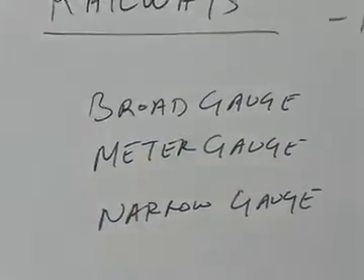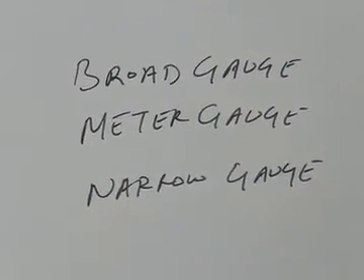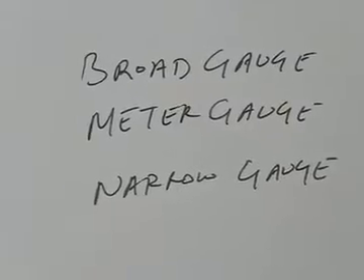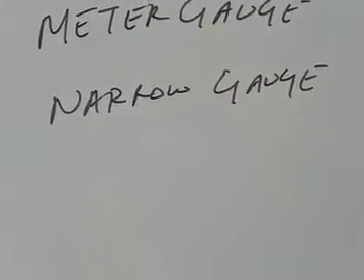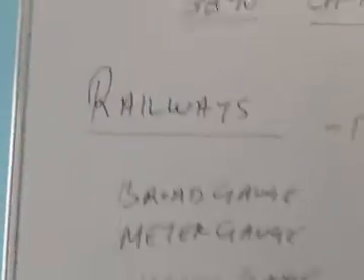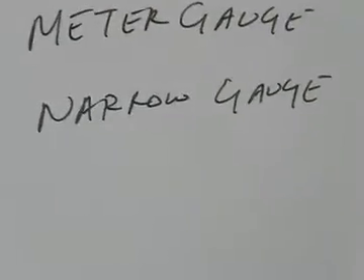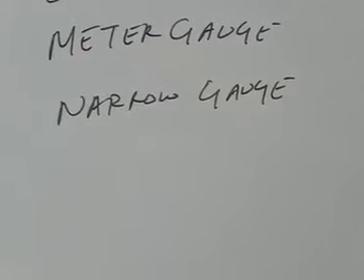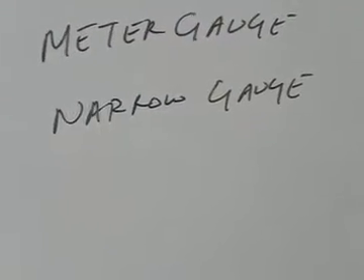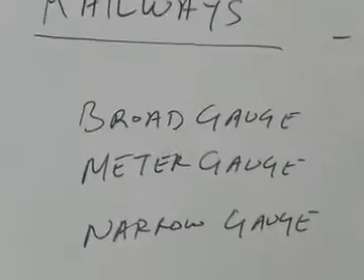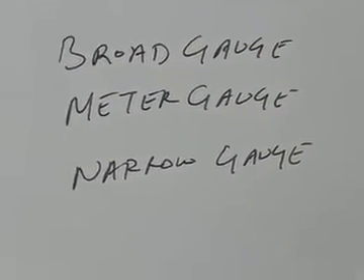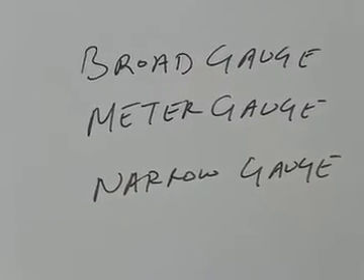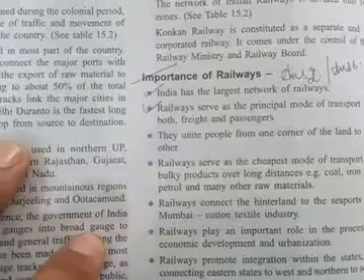Then comes meter gauge, which is a little narrower than broad gauge, and connects city to city. Narrow gauge railways are basically found in hilly areas, like Shimla, Manali, Dalhousie, where the trains you find are always narrow gauge. Broad gauge, meter gauge and narrow gauge refer to the width of the track on which the train runs.